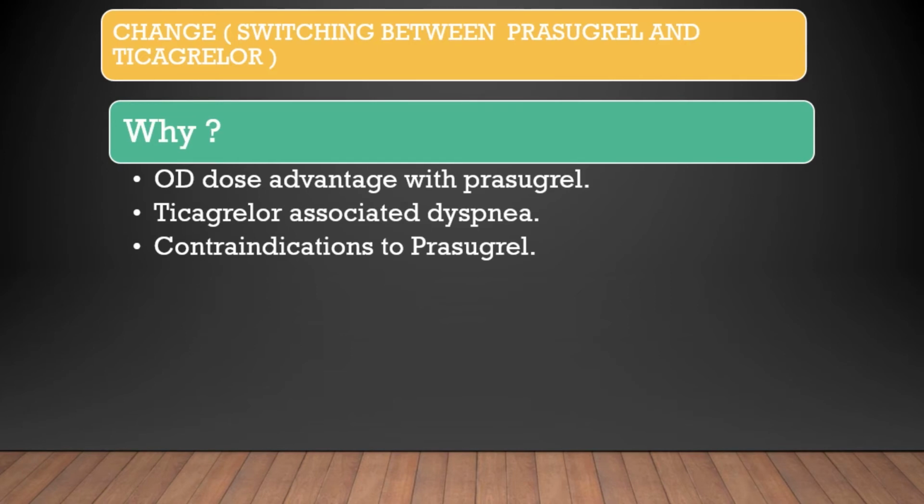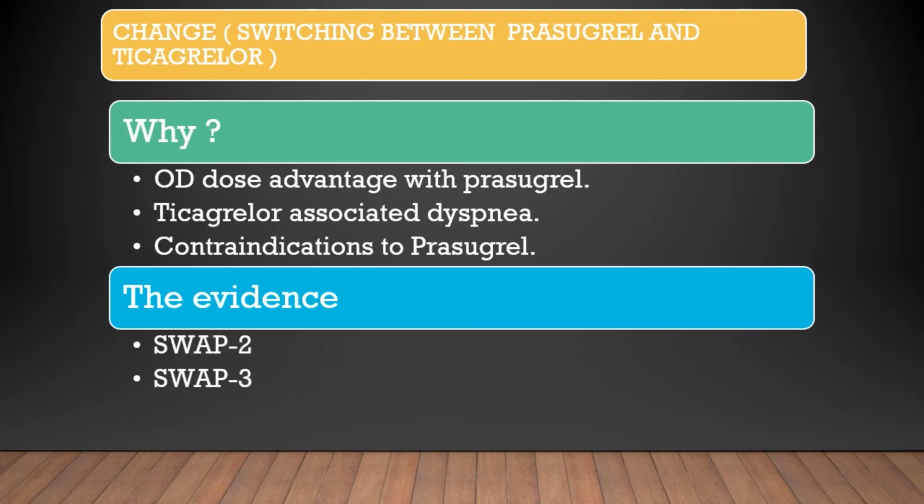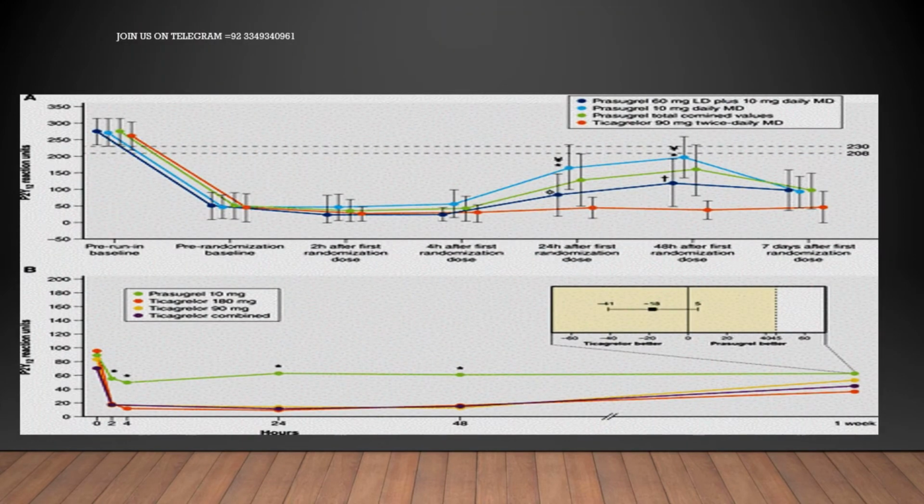And on the other hand, if the patient is on ticagrelor and develops ticagrelor-associated dyspnea, we will definitely try to change ticagrelor to prasugrel, if the patient has no contraindications to the use of prasugrel. The evidence is from the SWAP-2 and SWAP-3 trials. And again, this is just some of the statistics that are displayed here.